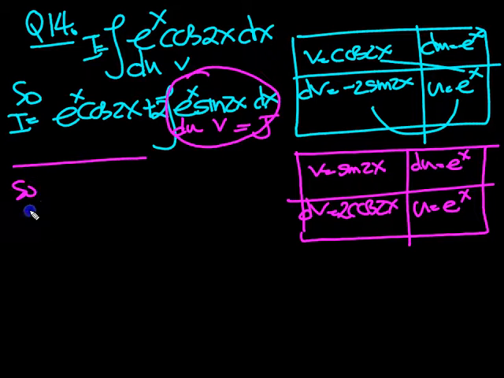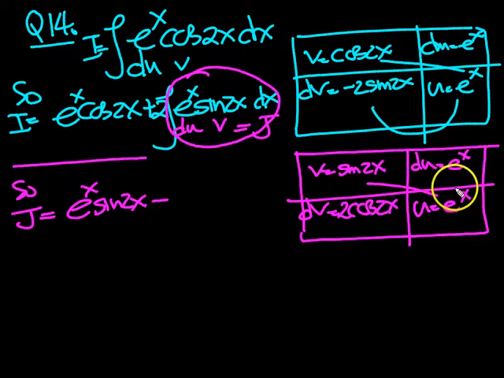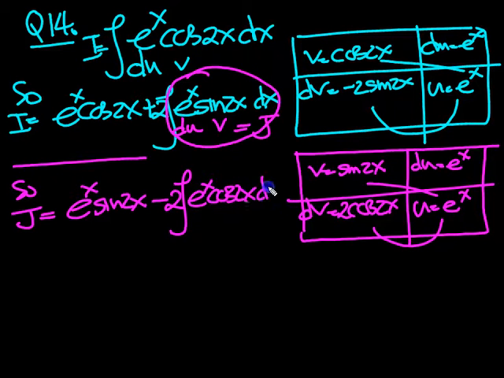So j equals then uv, e to the x sine 2x, minus the integral of u dv. So that would be 2, which can come to the front. E to the x cos 2x, yeah? dx, which is back to where we started, back to I, isn't it?